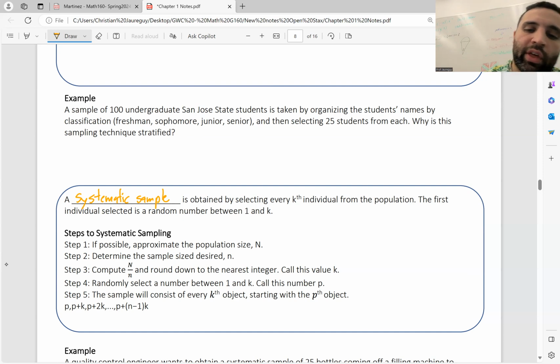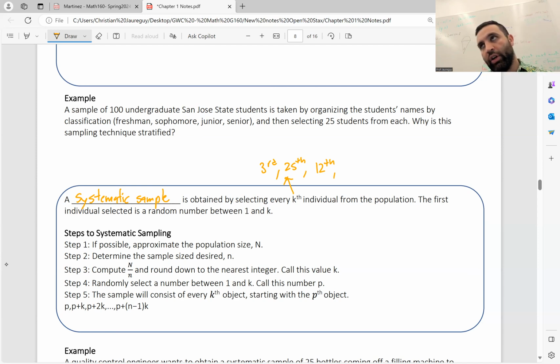When I say kth, I mean third, 25th, 12th, second, every other, every 50th, every 100th, things like that. That's what kth means. And the first individual selected is a random number selected between 1 and k.